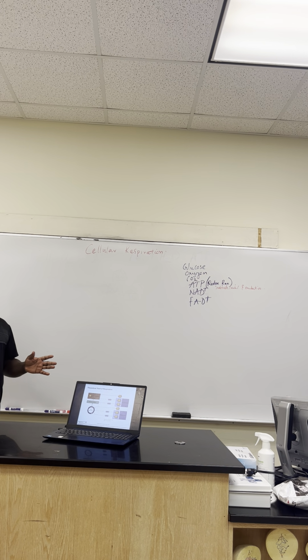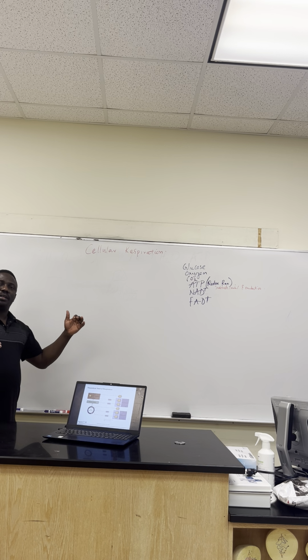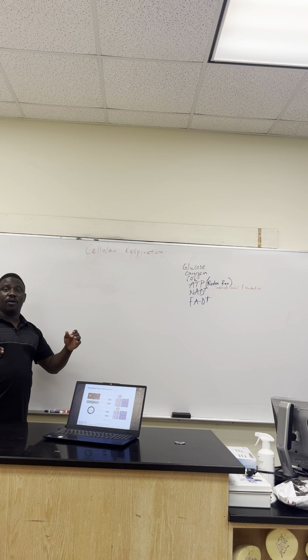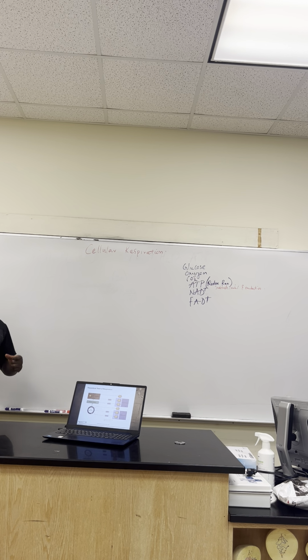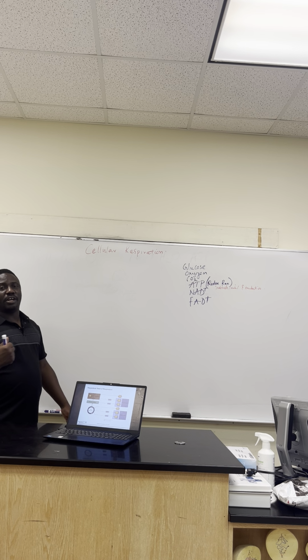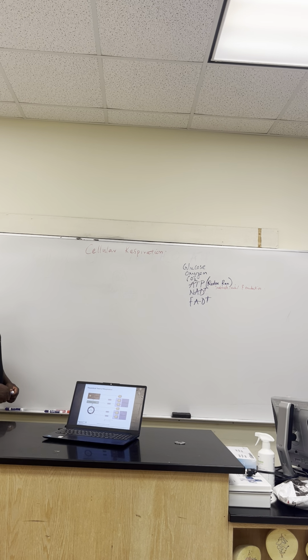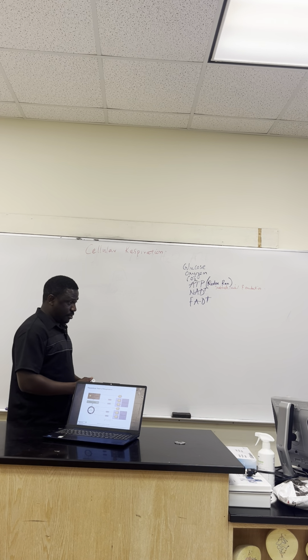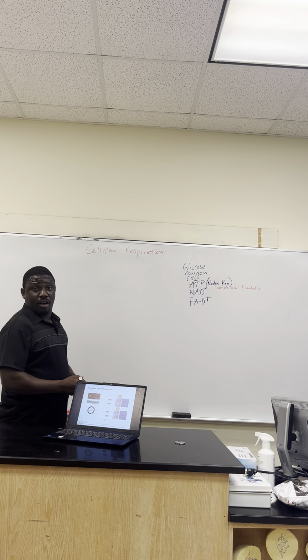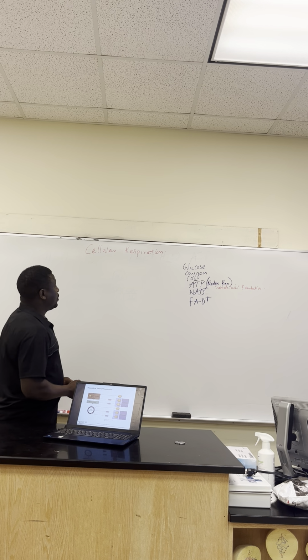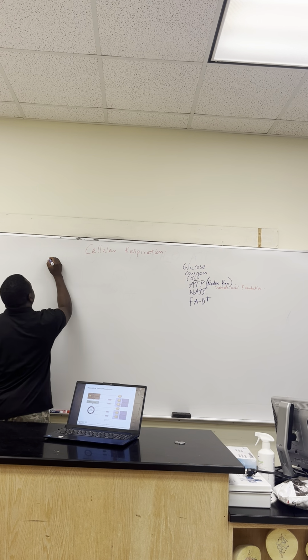So today's topic is that we're going to break down the processes involved in the cells extracting energy from glucose. All right. So I'm going to write down the formula. It involves the breakdown of glucose.